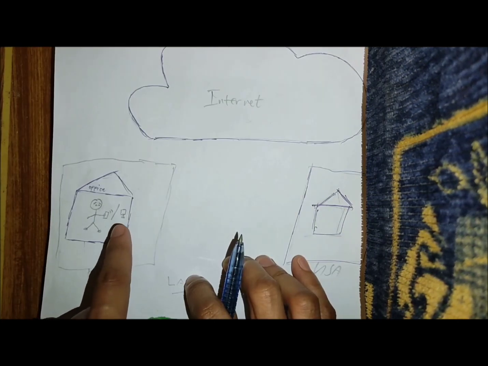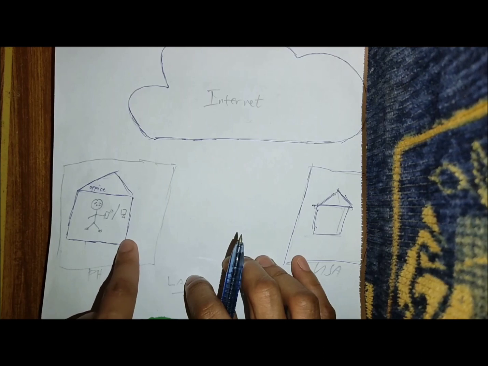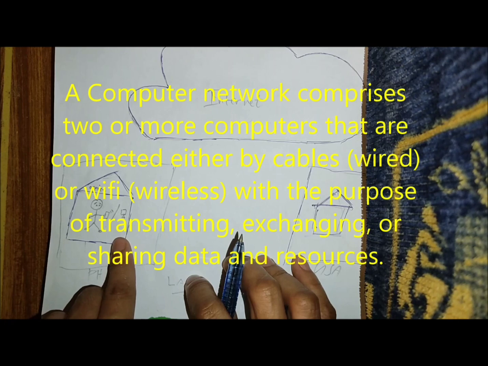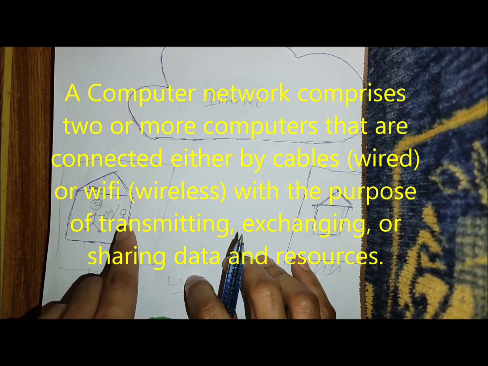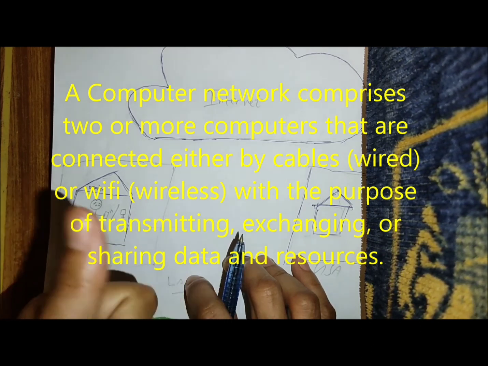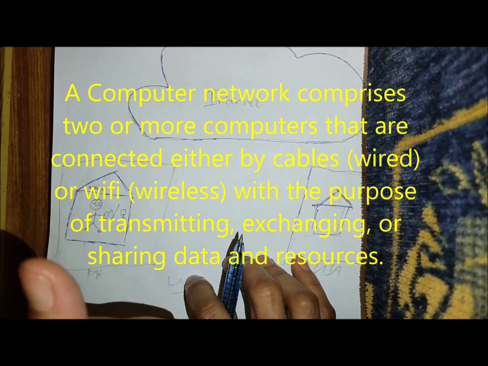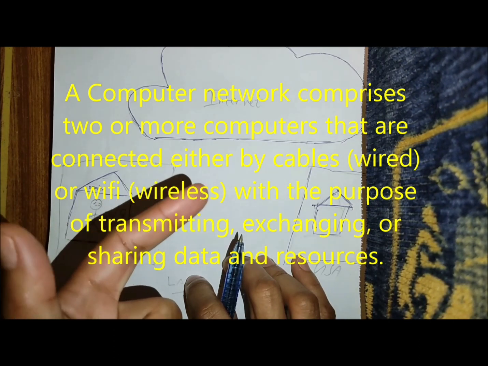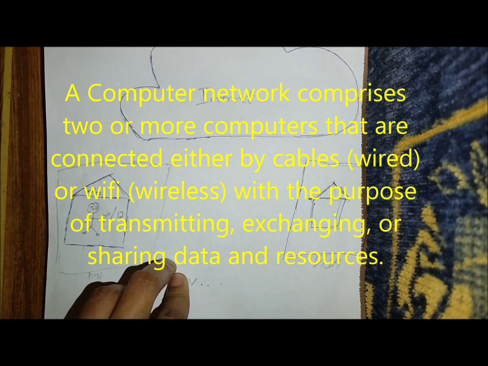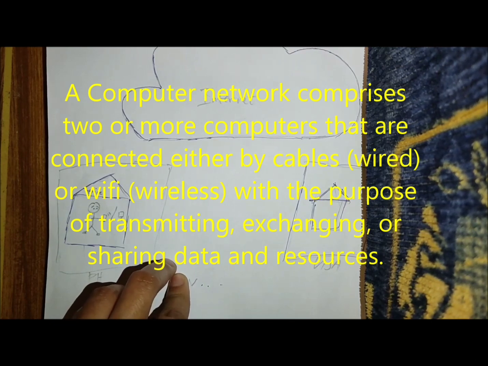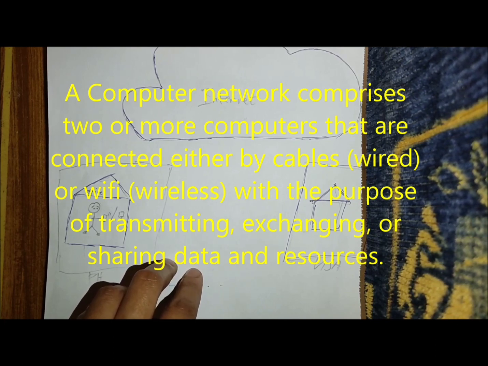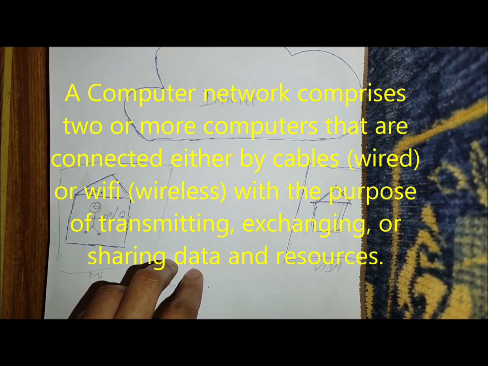So matawag na ni nato nga network, kay ang definition sa computer network, a computer network comprises 2 or more computers that are connected either by cables, like wired, or Wi-Fi or wireless, with the purpose of transmitting, exchanging, or sharing data and resources.